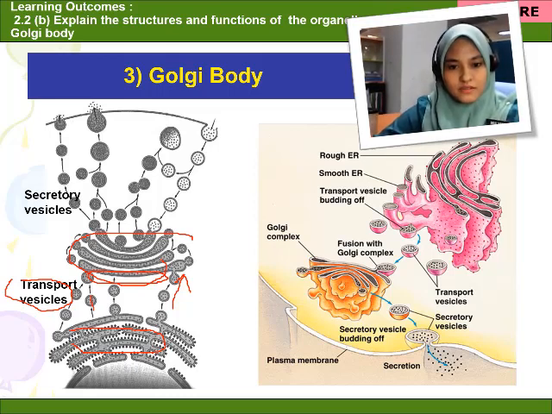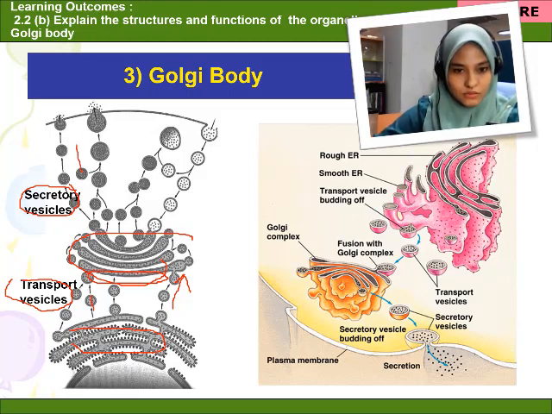The tip of the trans phase will then pinch off to form secretory vesicles, which move towards the plasma membrane and fuse with it to release their substances by exocytosis, or they will also remain in the cell as lysosome.